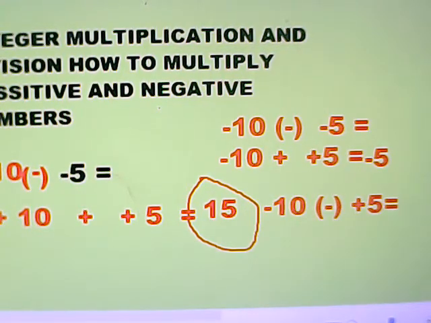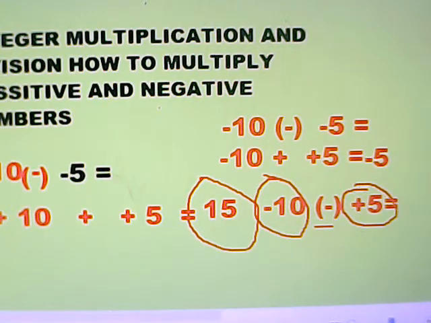How about this example? Negative 10 minus positive 5. We have to rewrite those numbers so that they can be both negative. So here it goes.